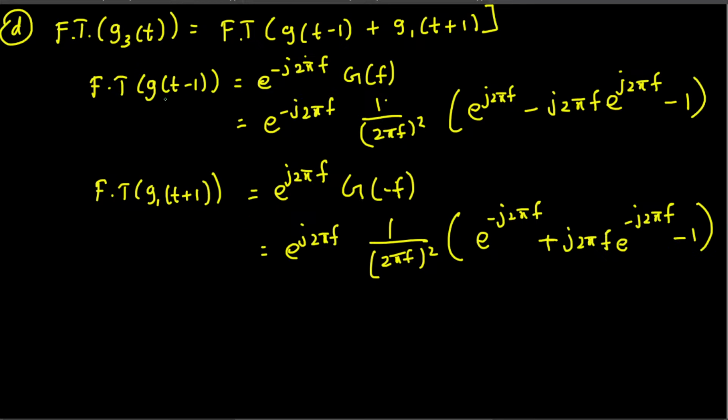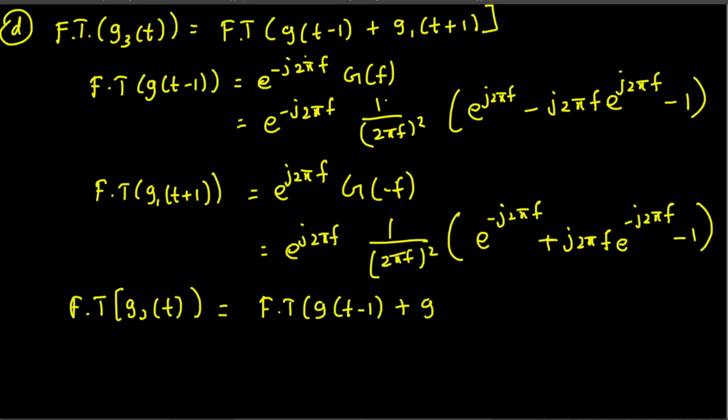Now we have the Fourier transform of g of t minus 1 and the Fourier transform of g1 of t plus 1, and if we add them together, that's the Fourier transform of g3 of t. We can write again, the Fourier transform of g3 of t is equivalent to the Fourier transform of g of t minus 1 plus g1 of t plus 1.